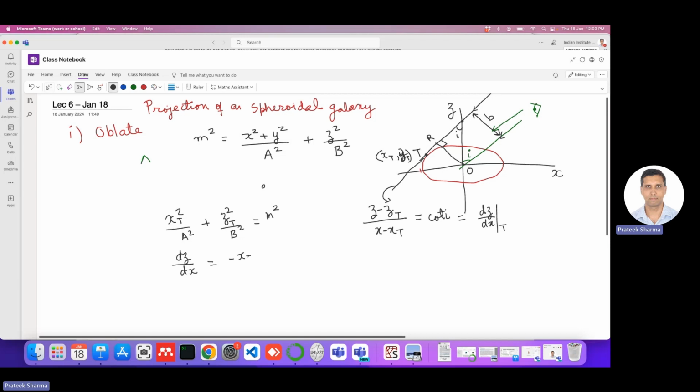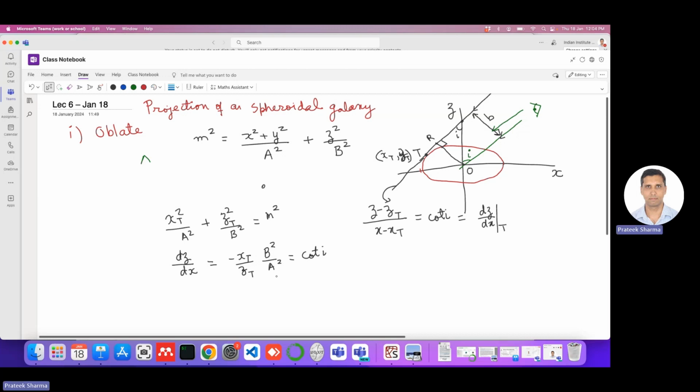Differentiating the equation of the ellipse and plugging in x equals xt and z equals zt, we get minus xt by zt times b squared by a squared, and that is equal to cot I, because the local derivative here has the same slope as the tangent line.